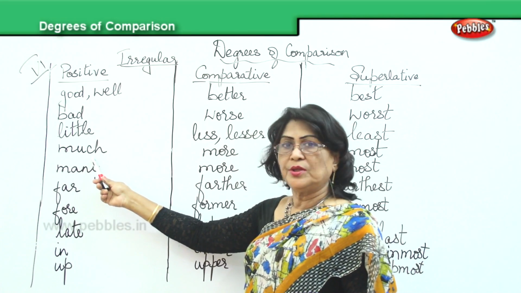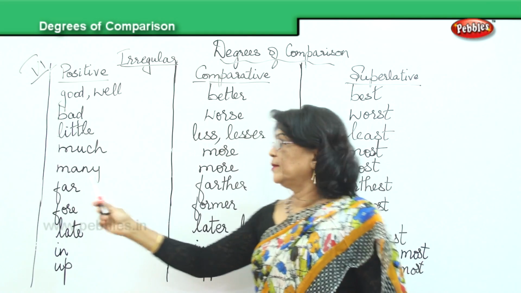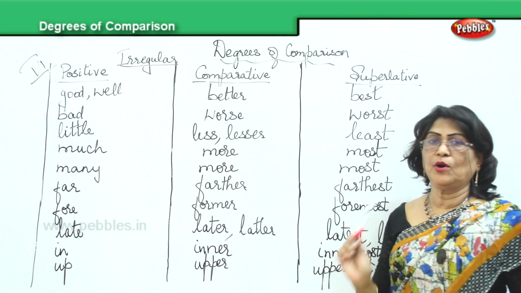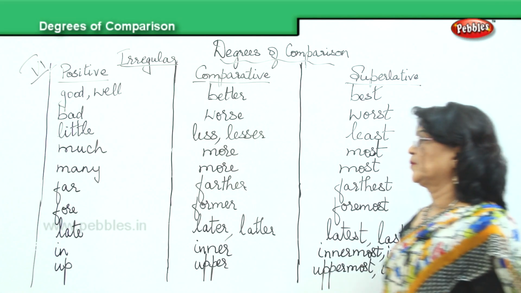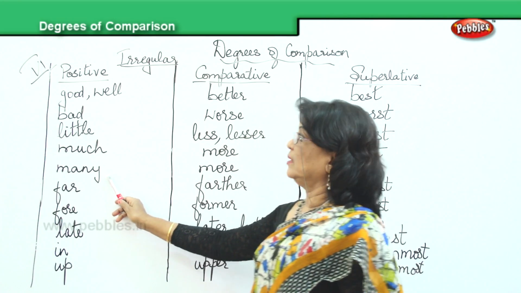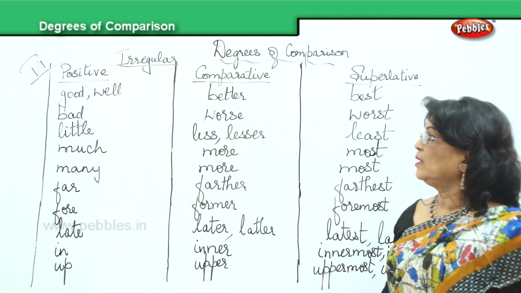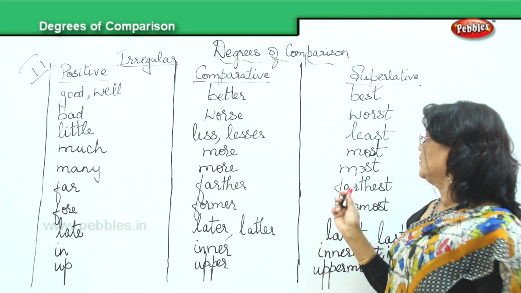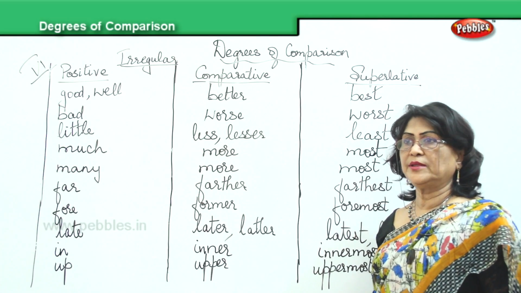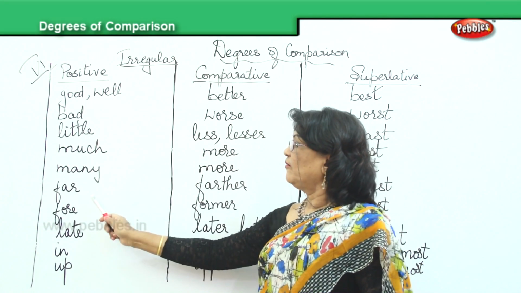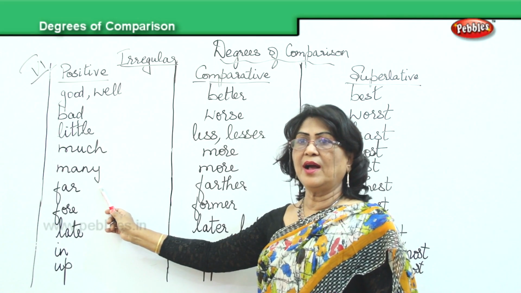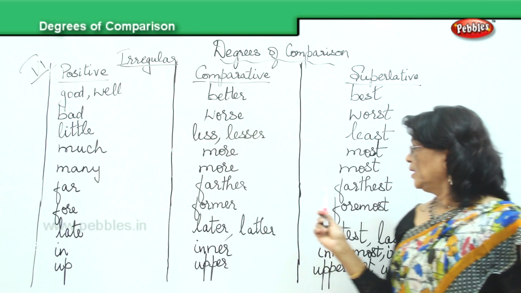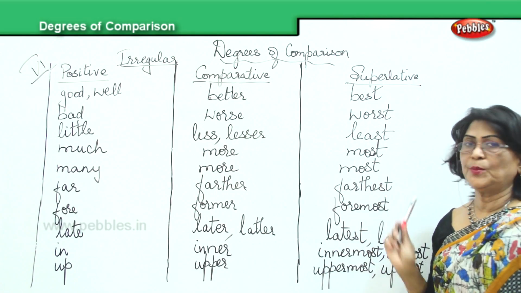Positive, much. The adjective much becomes more for comparative and most for superlative. Next one, many. The adjective many in positive degree becomes more for comparative and most for superlative. Next, far. The adjective far becomes farther in comparative and farthest in superlative.